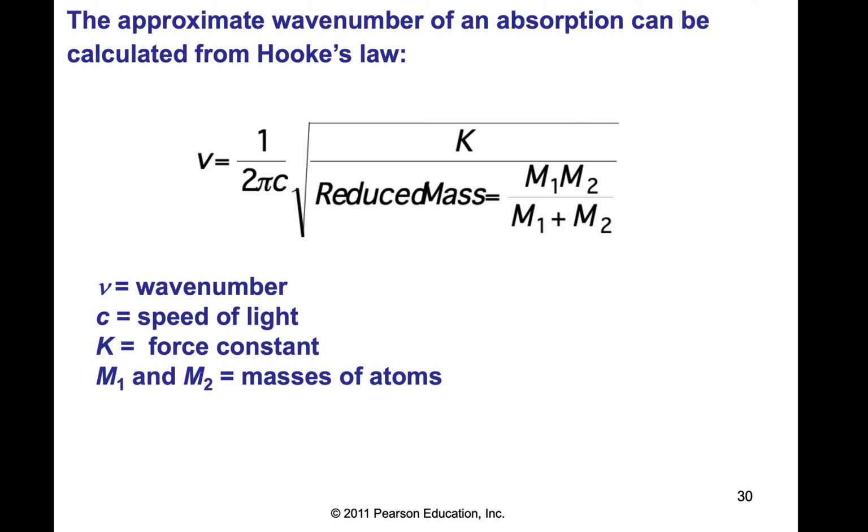It would be 1 times 35.5 for chlorine, over 1 plus 35.5. C is the speed of light, that's a constant. Pi is a constant. K is the force constant, and that depends on whether you have a single, double, or triple bond in the functional group, in dynes per centimeter.